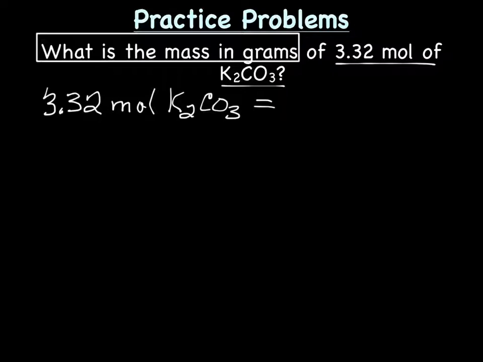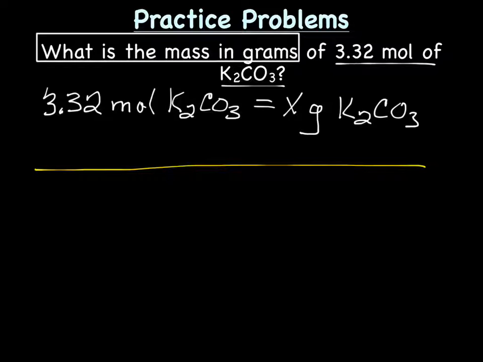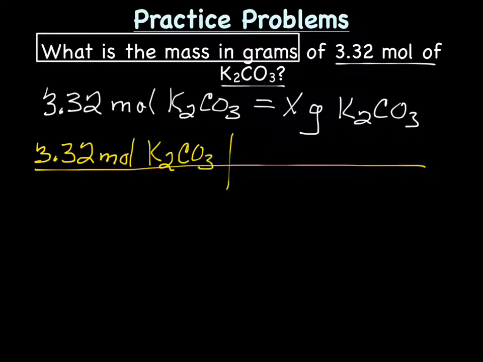So what is our X? Unit is grams, and it's, again, potassium carbonate. Step 2, I will set up the grid and write my known, which is 3.32 mole potassium carbonate over 1.